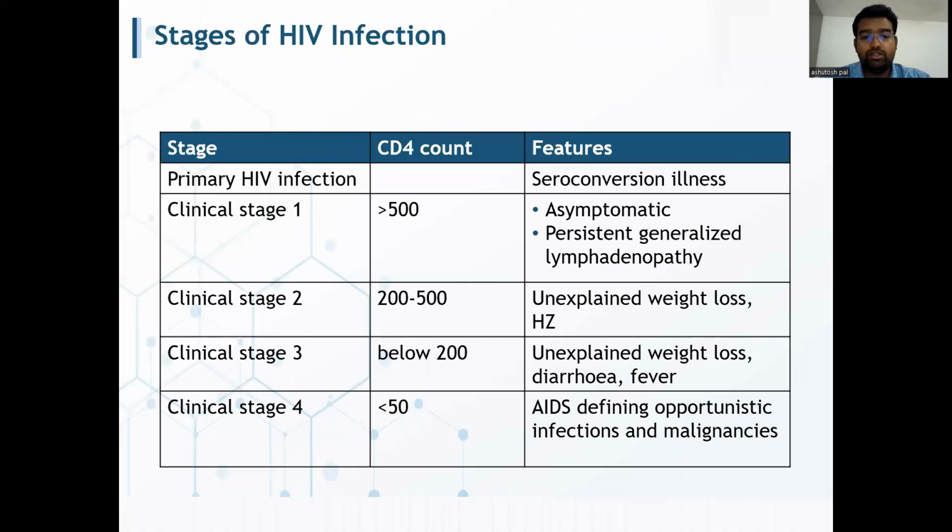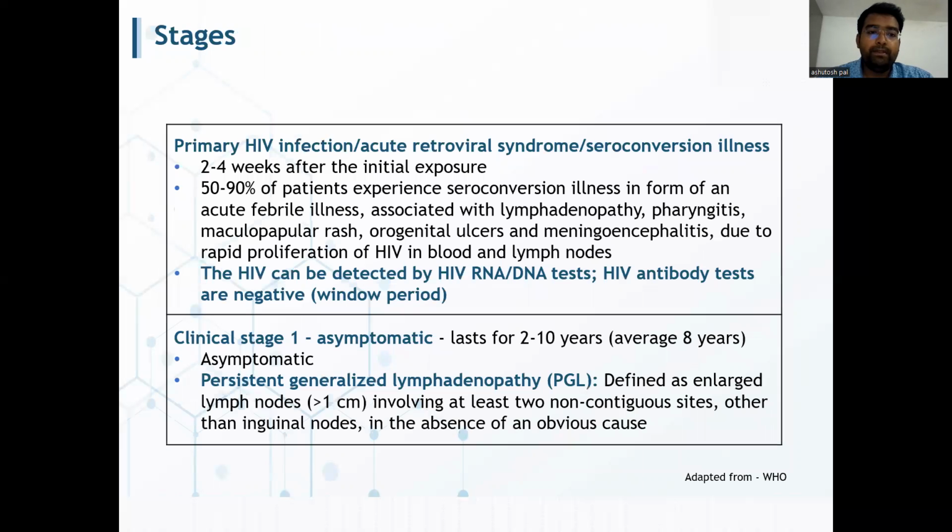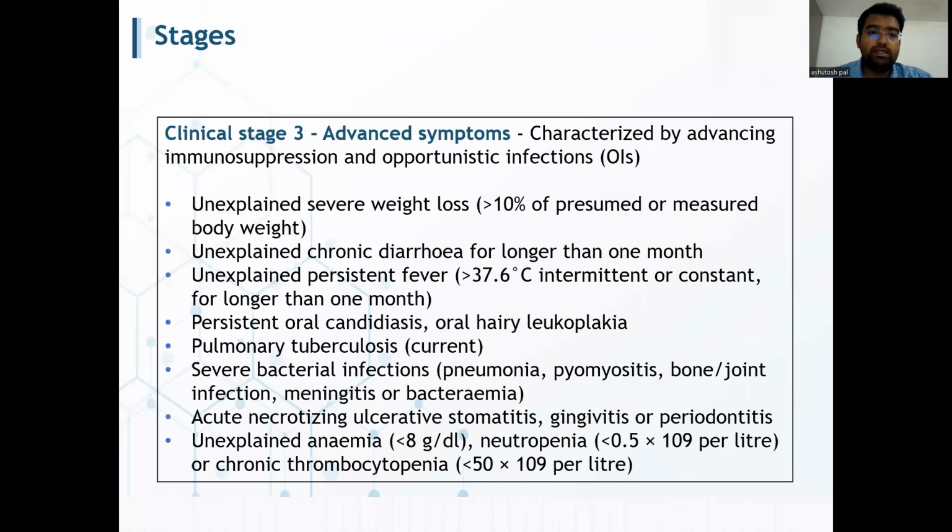Below 200 CD4 count is stage 3, where there is unexplained weight loss, diarrhea, and fever. And when the CD4 count drops below 50, in stage 4, the AIDS-defining opportunistic infections and malignancies start to appear. So this again explains the same thing about clinical staging in much more detail.